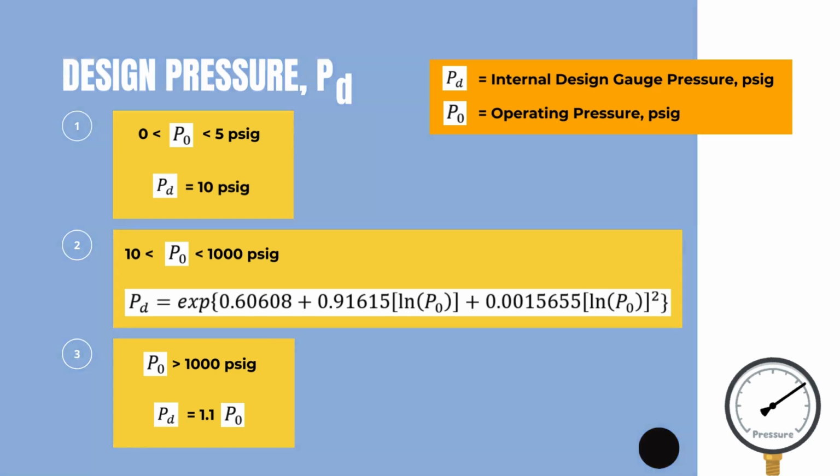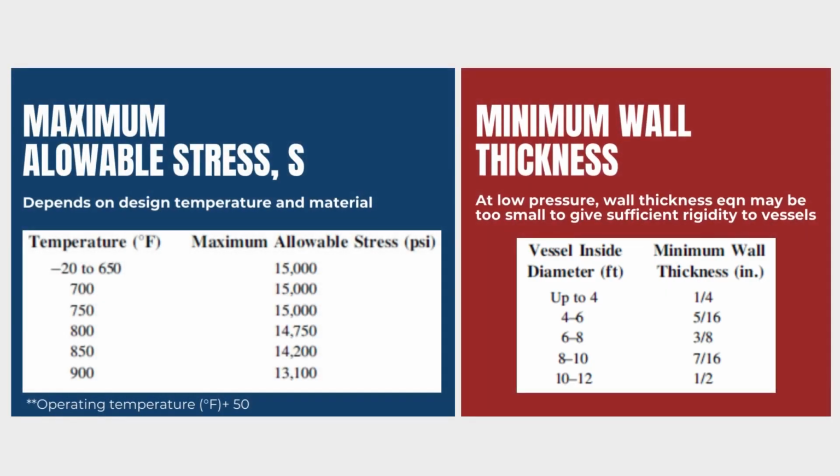Additionally, from the equation of wall thickness TP, we also need the value of maximum allowable stress. The maximum allowable stress depends on the design temperature and the material of construction. The design temperature may be taken as the operating temperature plus 15 degrees Fahrenheit. However, safety considerations may dictate an even larger difference.